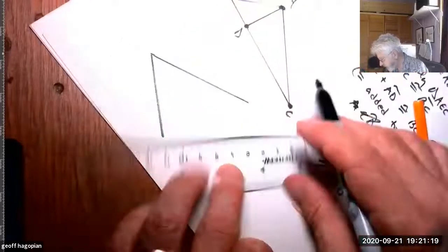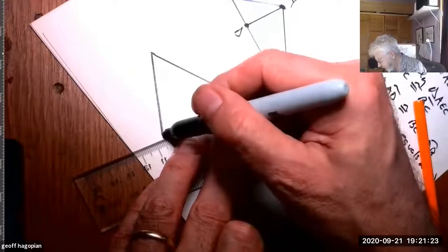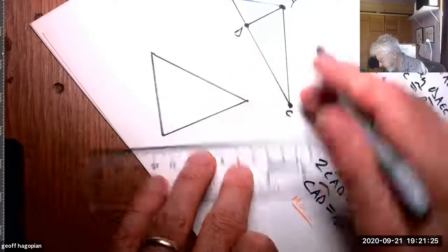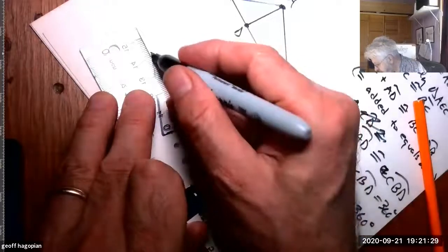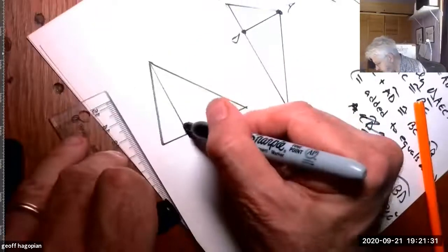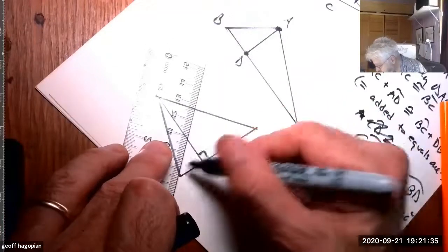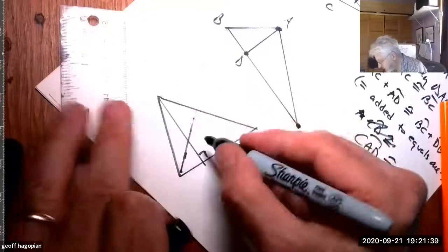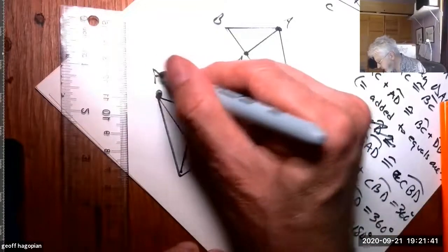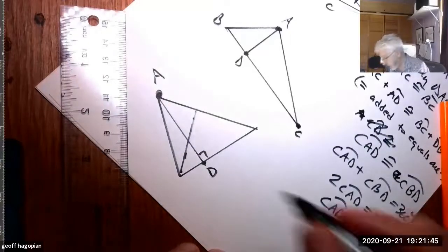And we'll try to draw it so that it's not equiangular or isosceles or whatever in an obvious way. So here's an altitude. And here's another altitude. So this is going to be AD, and the other one is BE.